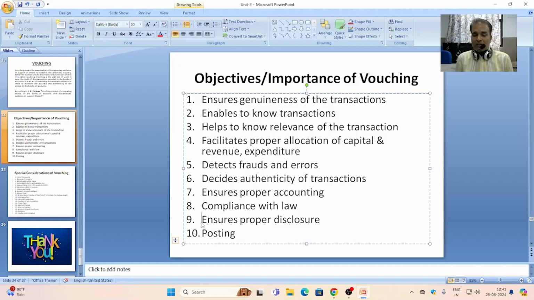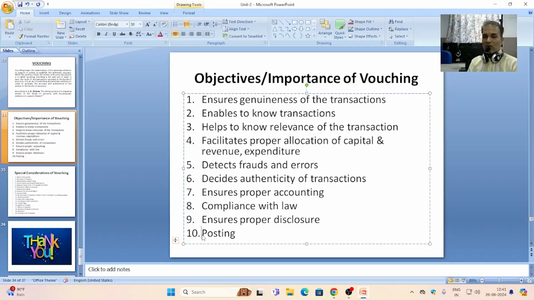It is the auditor's duty to find out all the information related to the transactions done, and for this the auditor may go for vouching, because with the help of vouching all types of information are marked on the voucher. Last is posting.